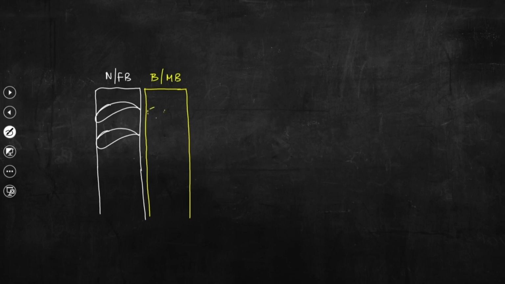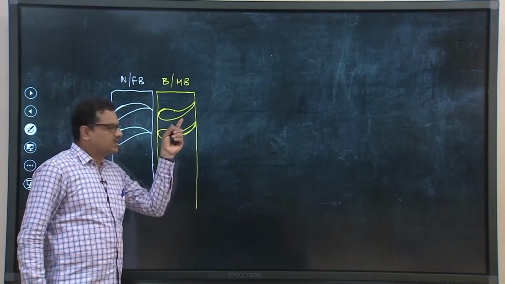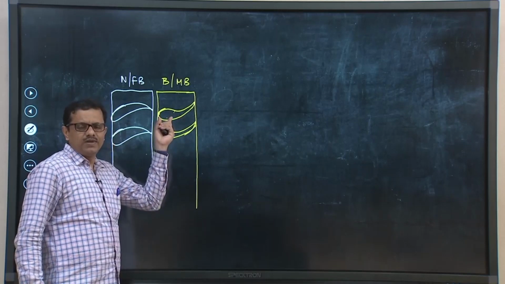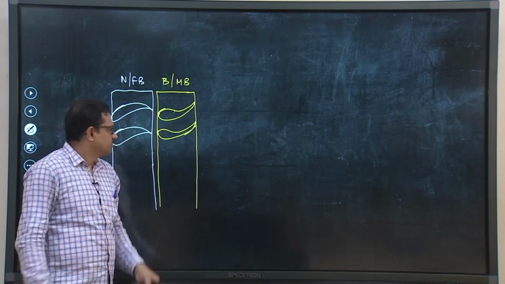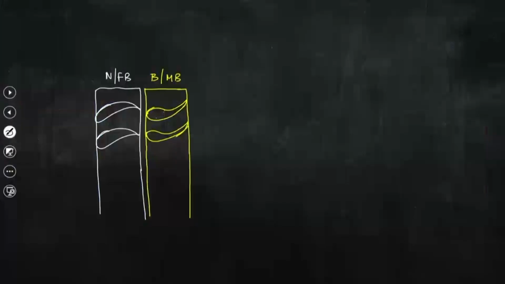Now, so basically the passage between two consecutive blades forms a nozzle shape.